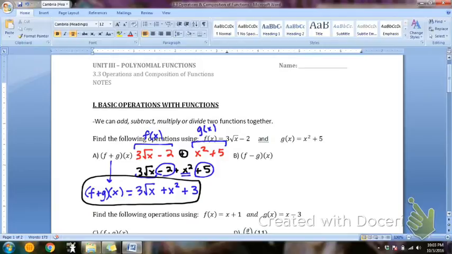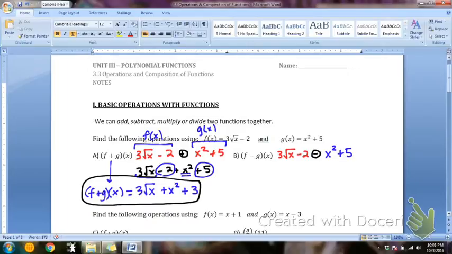Okay, so we're going to do the exact same thing over on example B. F minus the g function. So I start with the f function, which is 3 radical x minus 2. And then I'm going to subtract the g function, x squared plus 5. And you don't have to label f and g like I did, you can just leave it like this.